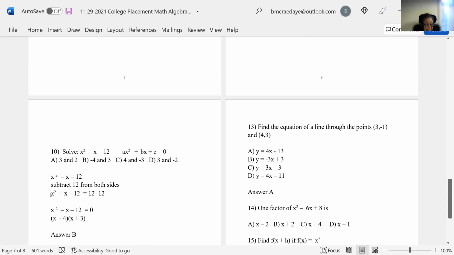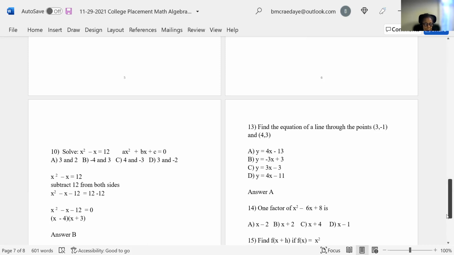Sometimes you'll see the quadratic and it may not be in this format, but you can get it because if your constant is on the right side, you can put it on the left side by doing the opposite operation. So if it's a plus, you subtract. If it was a minus, you'd add, and then you get 0 on the right side.